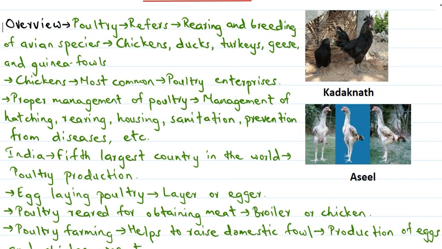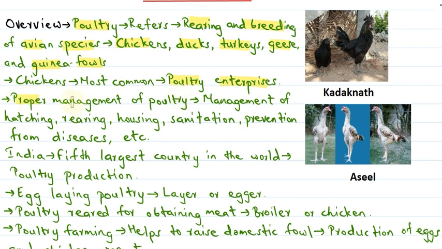To begin with, the term poultry refers to rearing and breeding of avian species such as chickens, ducks, turkeys, geese and guinea fowls. Chickens are the most common poultry enterprise, because chickens alone occupy 90% of the total poultry.